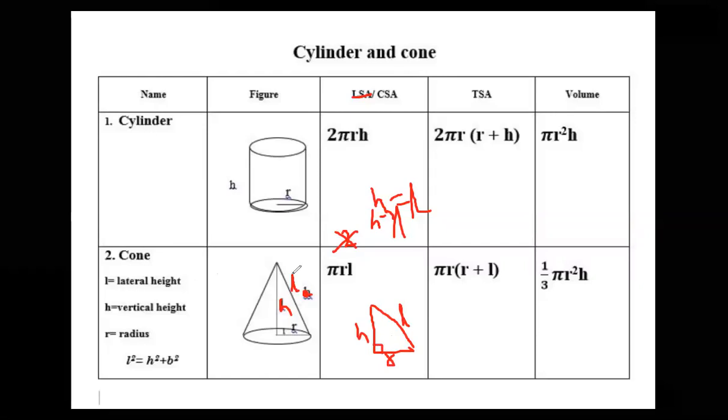If you see here properly, this is L, this is H, and this is R. So this is a right angle triangle. In Pythagoras theorem, the side opposite to 90 degrees is called the hypotenuse. The standing line is called the perpendicular, and this one is called the base.